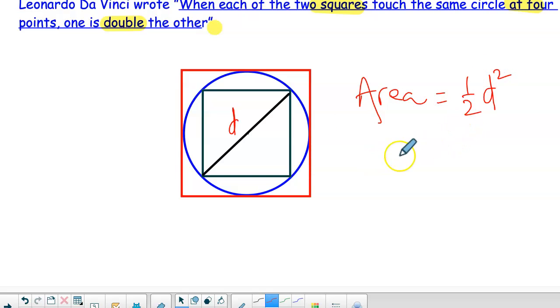All right, so now you have the area of the square that is inside the circle. Now if you pay close attention to this diagonal, you can see that it is also the diameter of the circle. This diagonal is the diameter of the given circle. That is the big thing here.